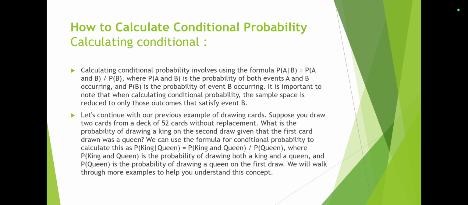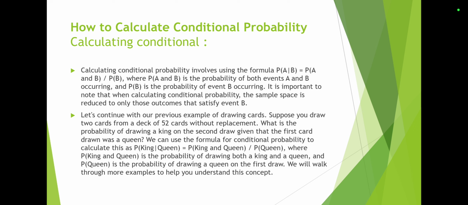It is important to note that when calculating conditional probability, the sample space is reduced to only those outcomes that satisfy event B.